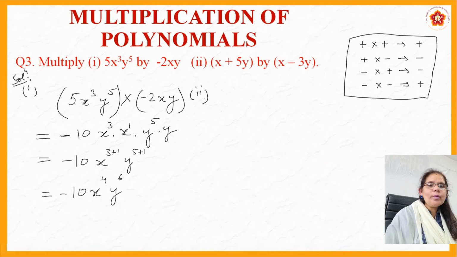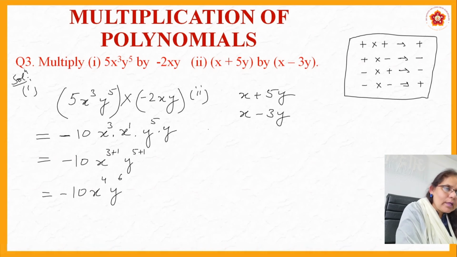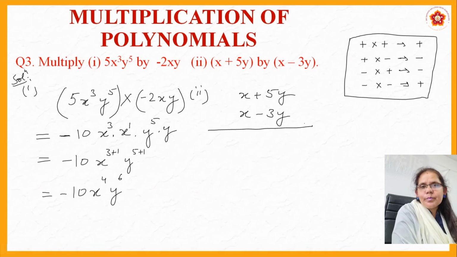Let us try to do the second one. X plus 5y, and we have to multiply it by x minus 3y. Let me try it by writing them into column and then doing the multiplication.